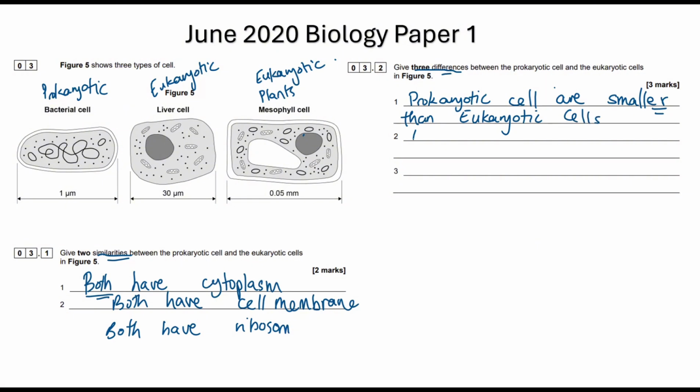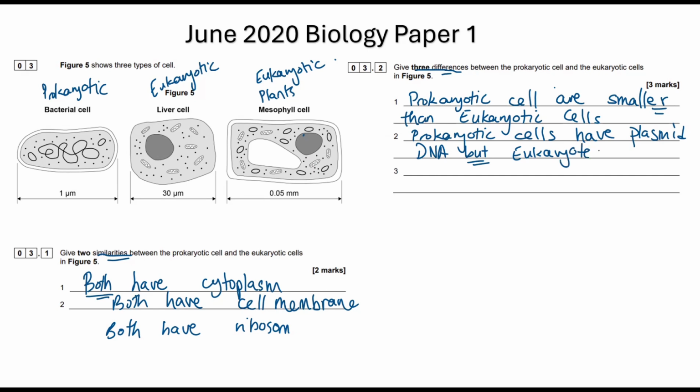And then you can say prokaryotic cells have plasmid DNA, but eukaryotes do not. Don't forget the second sentence.